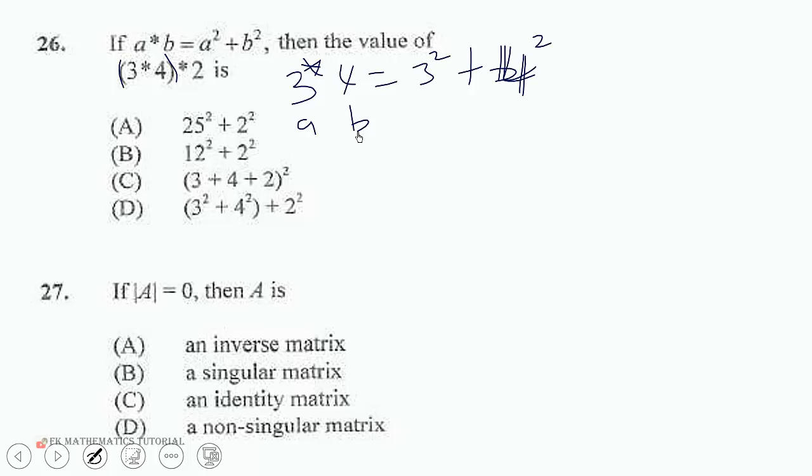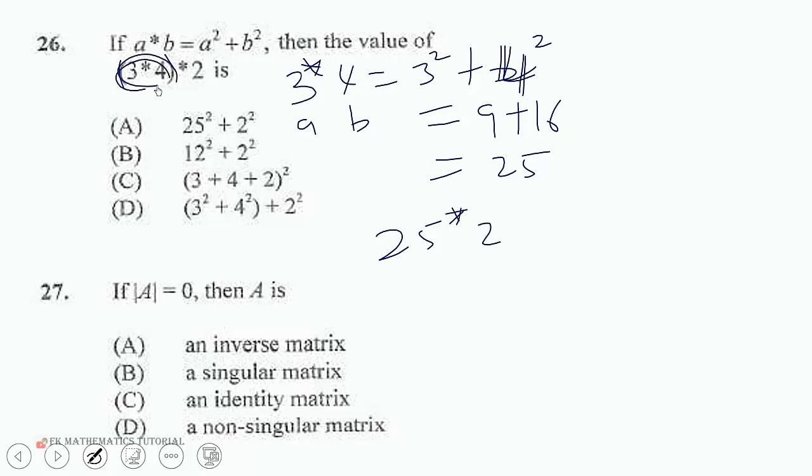So the result of this will be 9 plus 16, which is 25. So the result will be 25 star 2. That will give you 25 squared plus 2 squared. The correct answer is A.